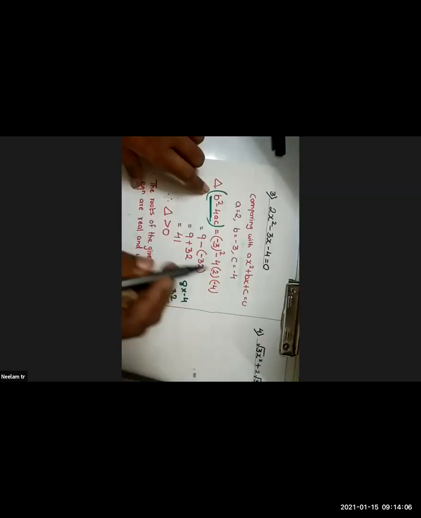I mean, while multiplying those 4 into 2 into minus 4, we don't have to take that as minus 4, na? Why don't we have to take?